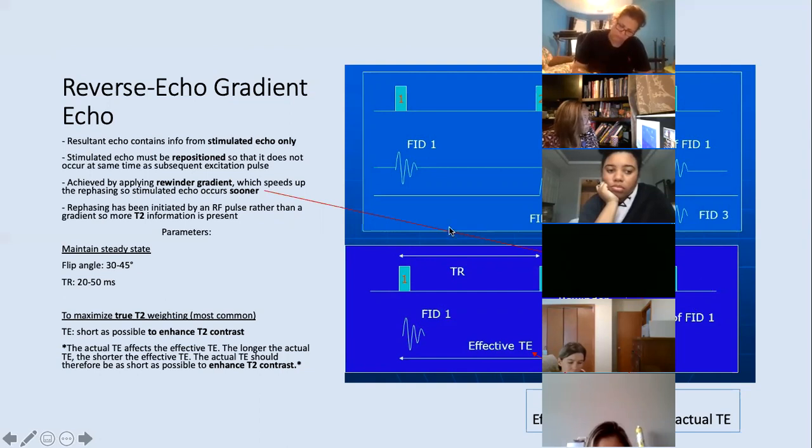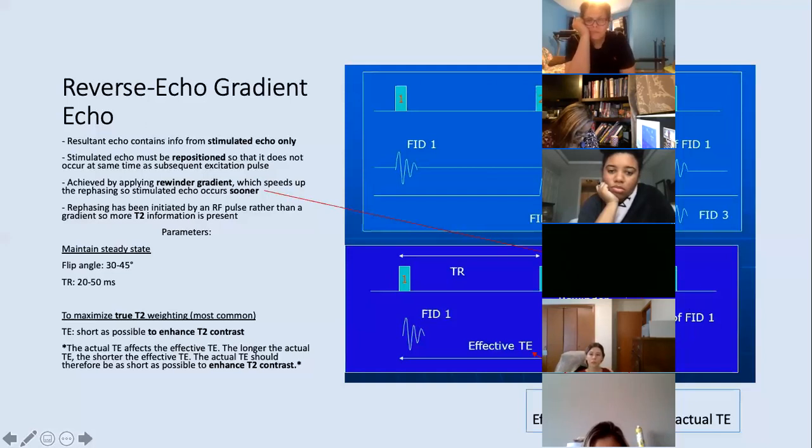So what happens here is with this reverse echo, we apply a rewinding gradient, or basically a rephasing gradient that's accelerated, so it's faster. You see, applied with even more intensity than before, so that this stimulated echo occurs before the free induction decay of our third excitation pulse. So imagine we drew our third free induction decay right here.